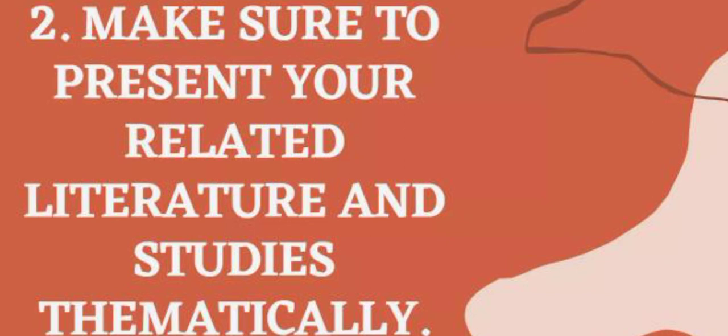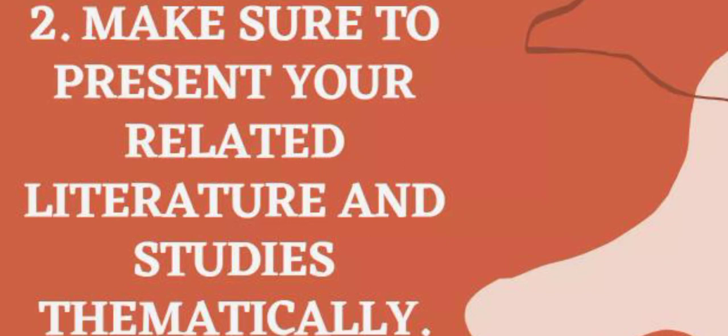So, pwede rin ang theme mo ay tips in improving your speaking skills. So, lahat ng studies and literatures about improving speaking skills related doon sa topic na yun should be included in that particular heading. So, ideally, how many related studies or literature should be there in a theme?